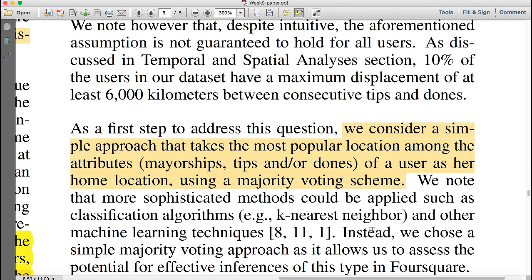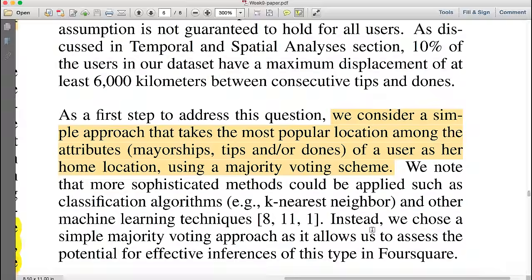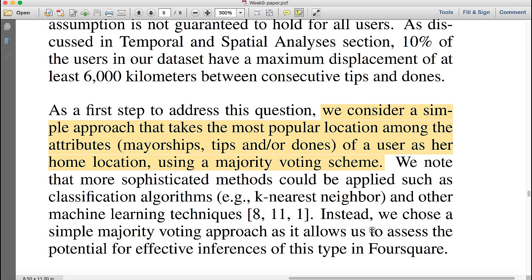So now we'll attack the question that we started off with, which is to find out how much we can actually infer about the user's home using this data. In this case, we are going to use data for the most popular location among mayorships, tips, or dons of a user as the home location, using a majority voting scheme.